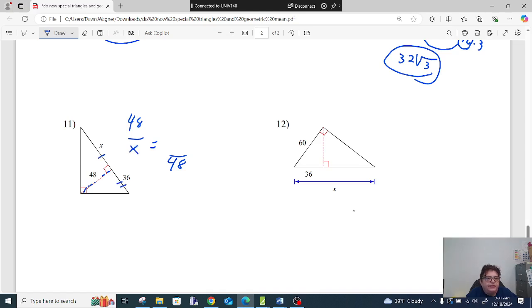So you put x and 36. 36 times x is 36x, equals, what's 48 times 48? 2304. Okay, and now what do I do to both sides to solve? Divide by 36. So x is equal to 64.